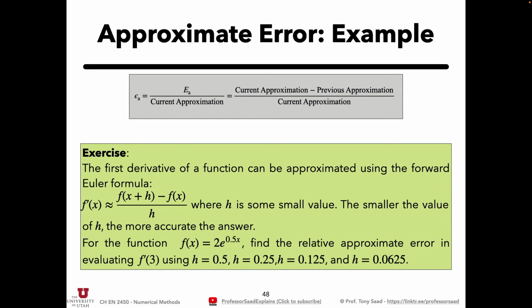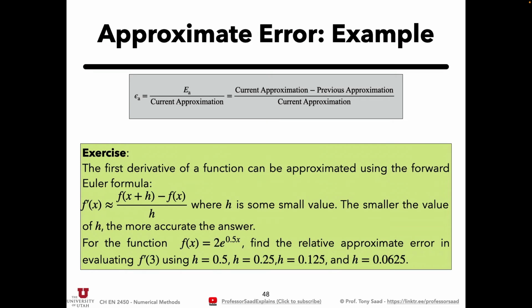So here's the exercise that we're going to do together. We're given this forward Euler formula, f of x plus h minus f of x over h, and h is some small value. And again, from the math theory, we know that derivatives with smaller values of h are more accurate than derivatives with larger values of h. So that anchors the meaning of those terms in the calculation of the approximate error.